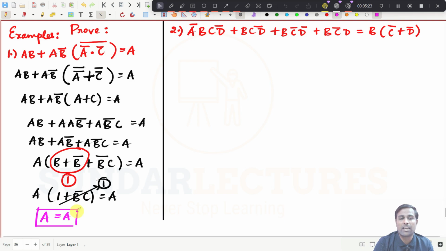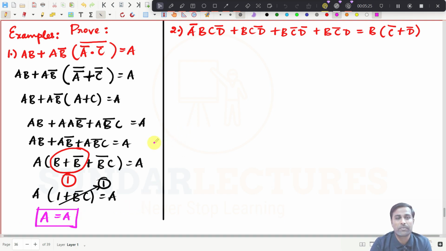So what is the exact meaning of this one? Even if you put the truth table for this particular expression, whatever the a input you are giving, this particular expression will give you the same result. Can you understand? See how you will prove this expression, or what this expression exactly means.